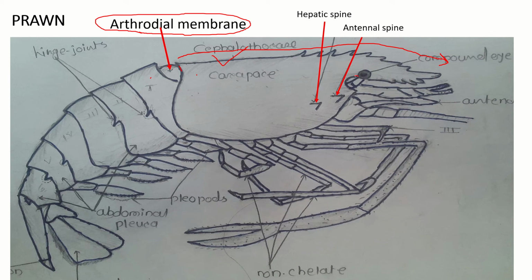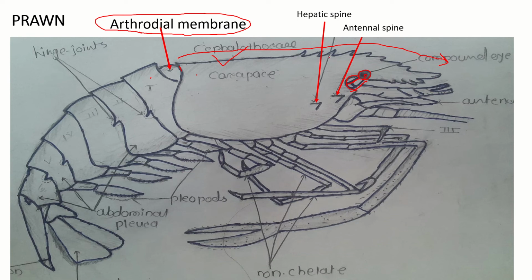At the base of the rostrum there is a notch, and from that notch a stalk arises. That stalk bears the structure called the compound eye, so the stalked compound eye emerges from the ventral side of the rostrum.